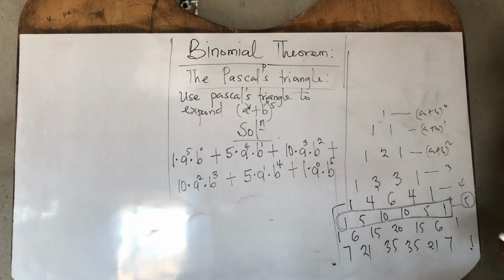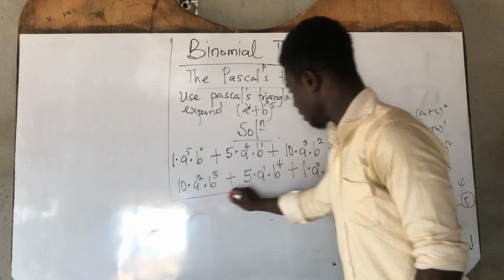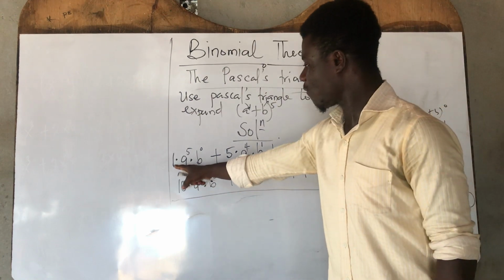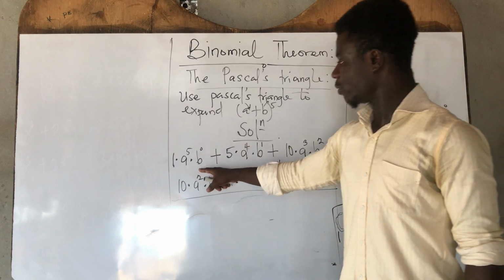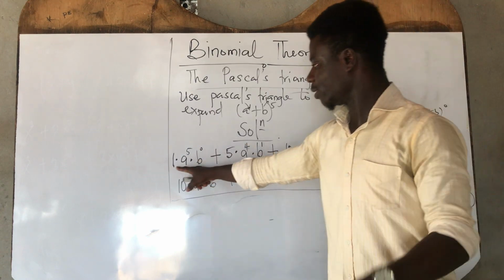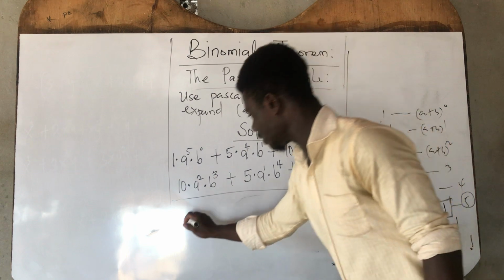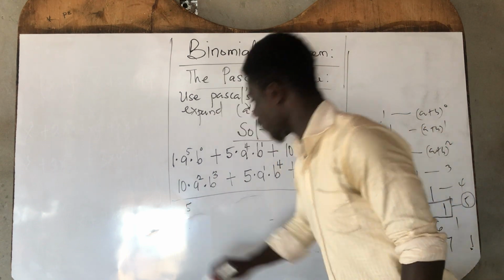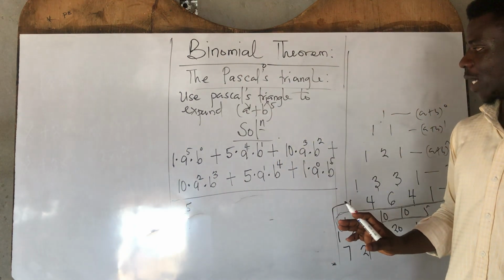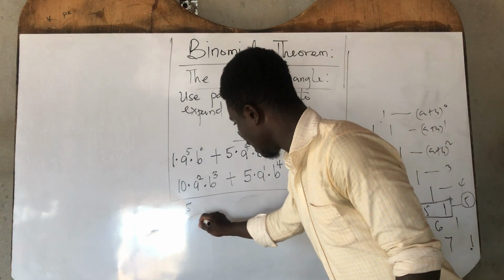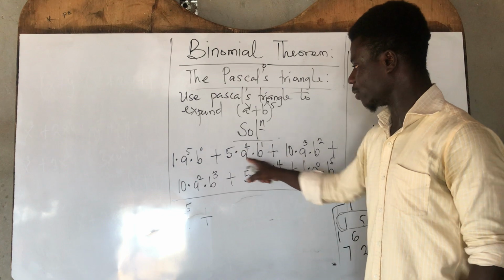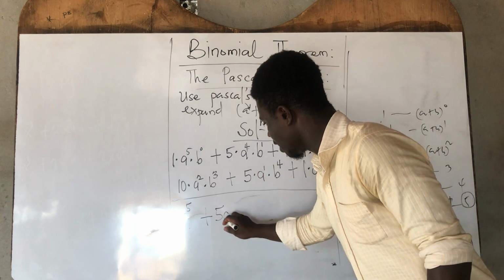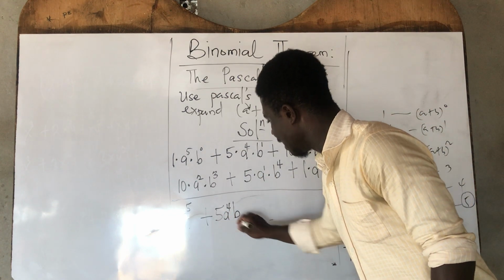So let's simplify that. We have 1 times a to the power 5 times b to the power 0. B to the power 0 is 1. Then 1 times this, we get a to the power 5. So we get our a to the power 5. Then plus 5 times a to the power 4 times b to the power 1. We get 5a to the power 4, then b.